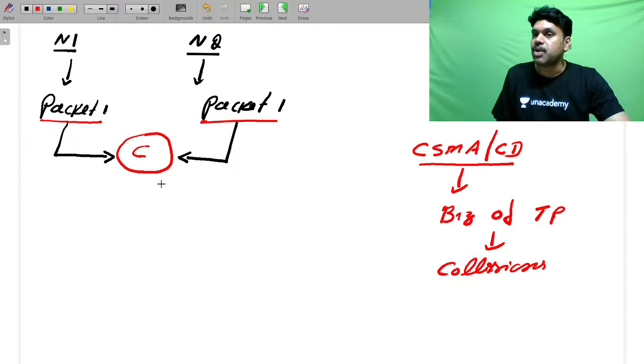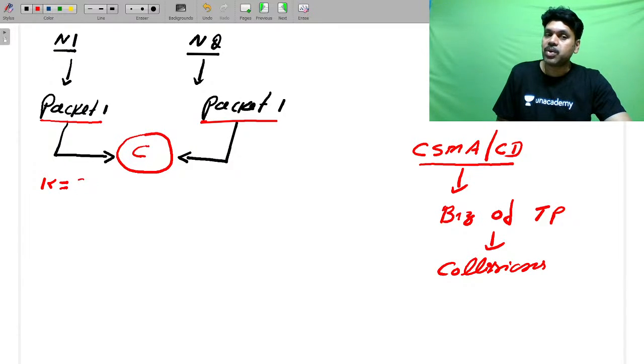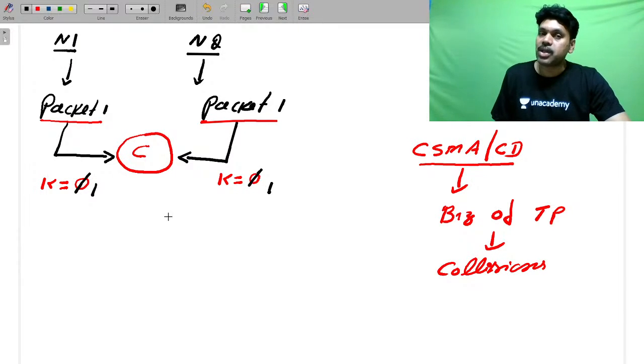So whenever you get a collision, we are starting. Initially our collision number is 0. 0 means no collisions. Now you see, whenever you get a collision for the first time, your number is incremented by 1, so you get collision number 1.